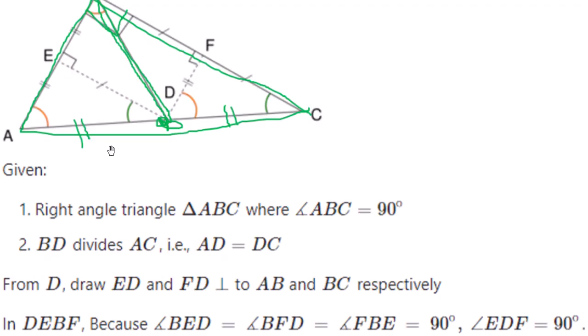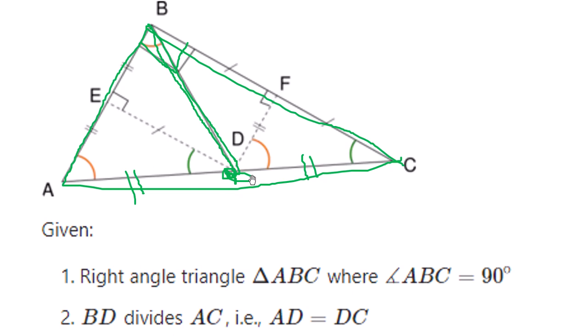Let's do some construction here, children. From D, draw a perpendicular line to BC, DF.